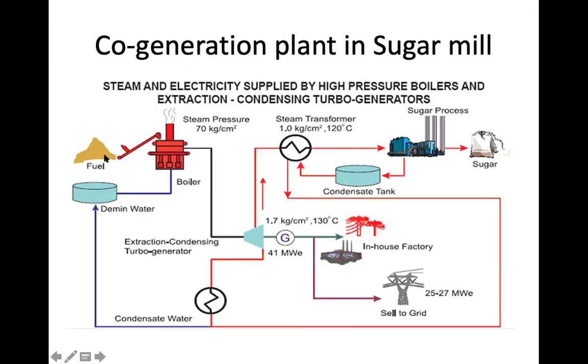So what is done? Using fuel in the boiler, you use the cane, and then they process it and transform steam and condense it, especially the bagasse and other things are separated, and here the cleaning process of sugar happens and sugar is released.